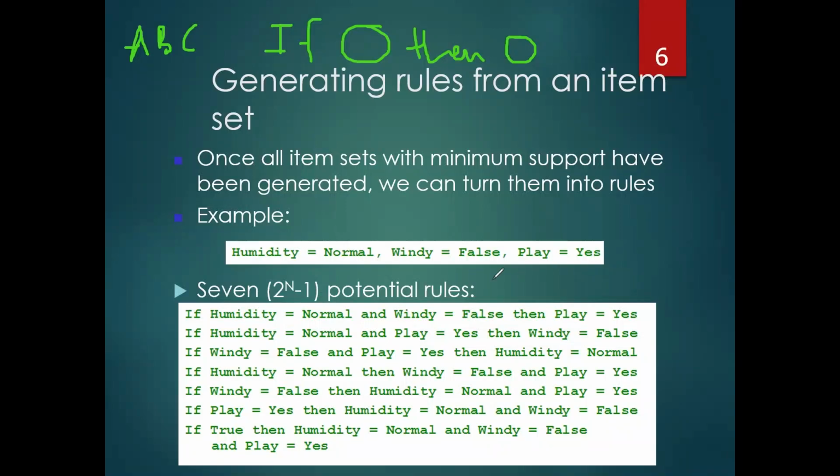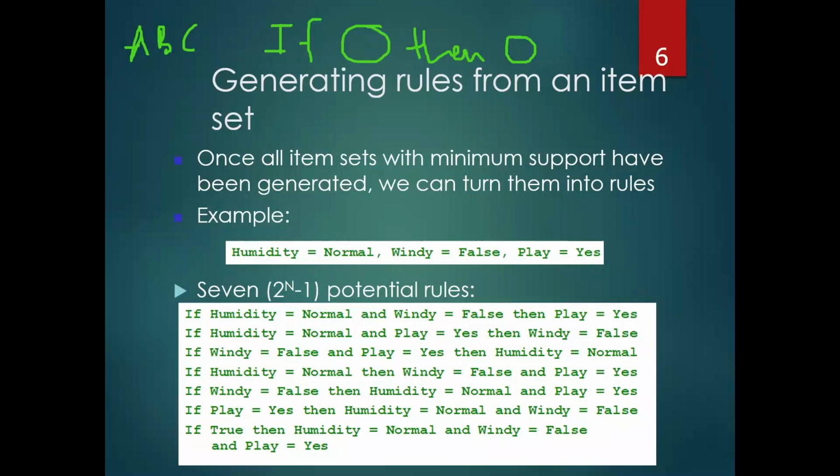Here we have a 3-item set, and since we have 3 items, we can generate 7 possible rules. You can imagine for each and every attribute value pair, we can create rules, so we will get a huge rule set. That's how we generate rules in association learning.